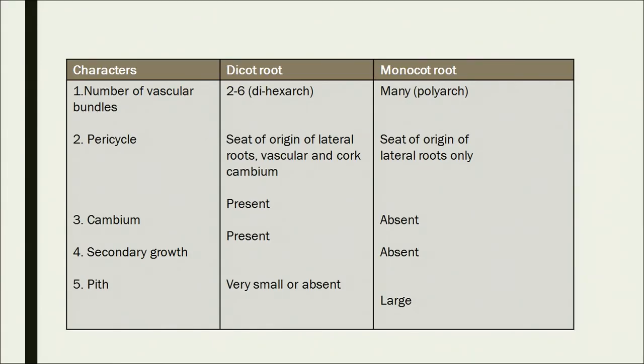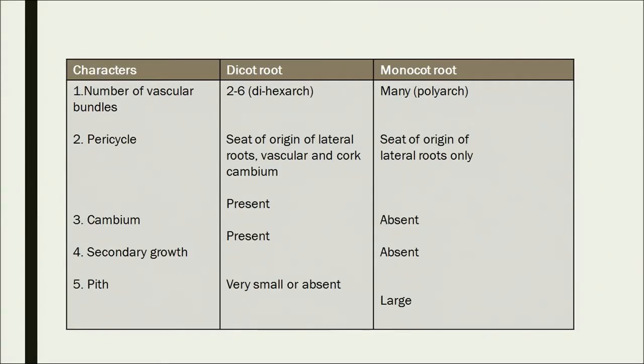Now, pericycle is the seat of origin of lateral roots, and also of the vascular and the cork cambium. In monocots, it is the seat of origin of lateral roots only. So, pericycle has 2 functions in dicots, but only a single function in monocots. We will study about it later.